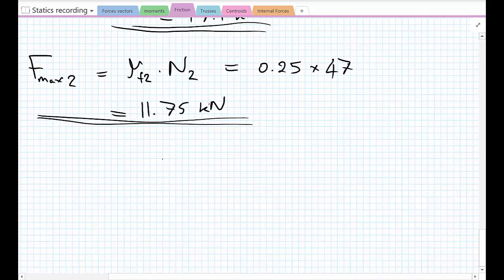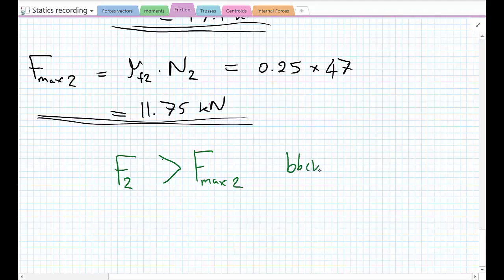And therefore, because F2 is greater than F max 2, we know that block 2 must slide.